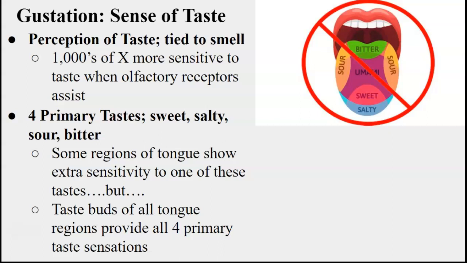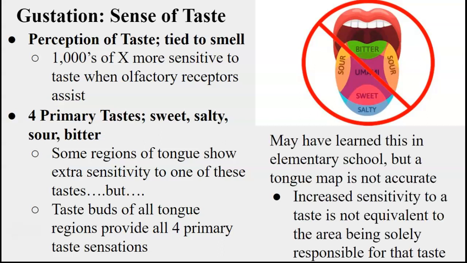What is known now is that all the taste buds that have taste receptors are able to provide sensation for all the primary tastes: bitter, sour, sweet, and salty. So all taste buds are able to respond to those things. So the tongue map is not very accurate.